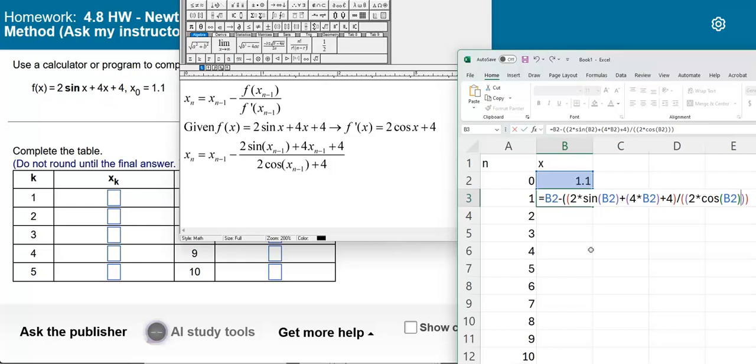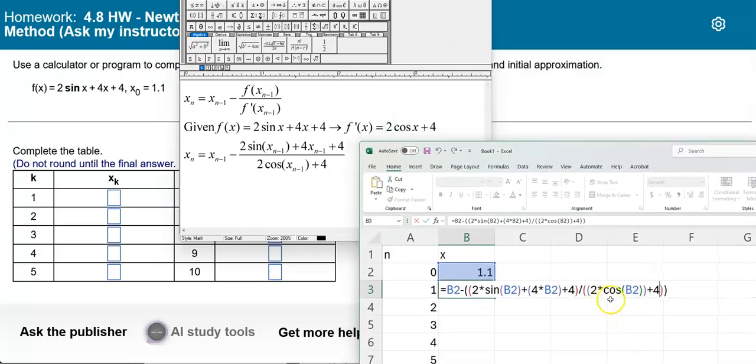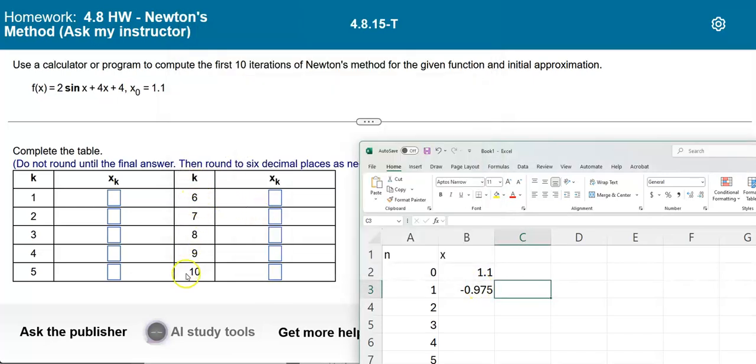Close that, and then plus 4. So that is my total expression, and that will give me the value for x sub 1 right here. And then I need to find all the way to x sub 10.